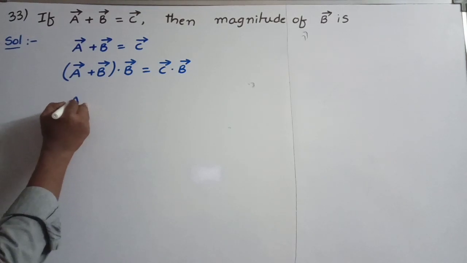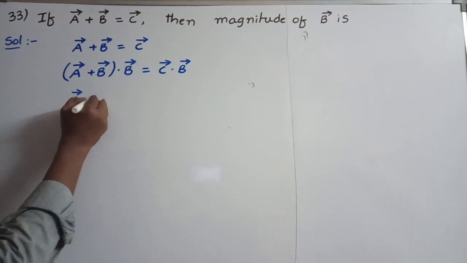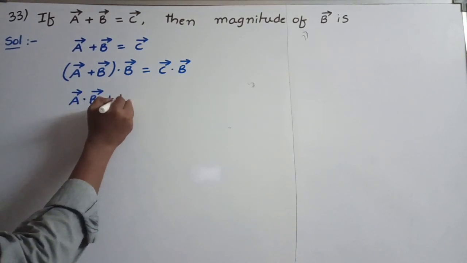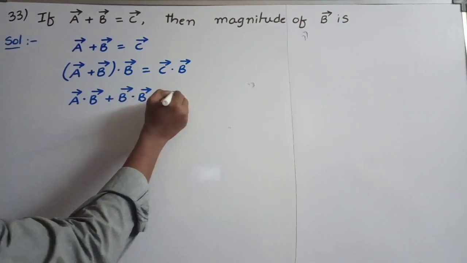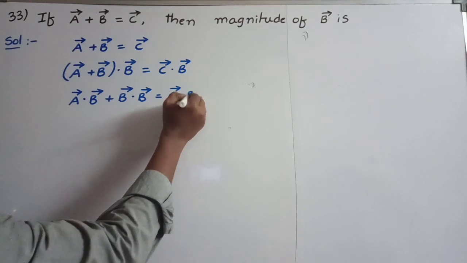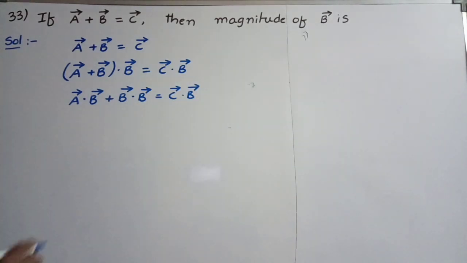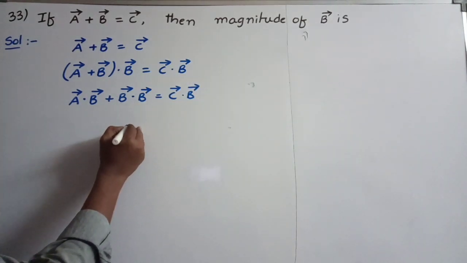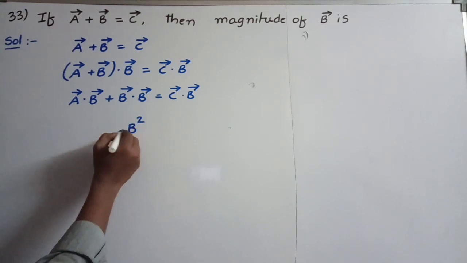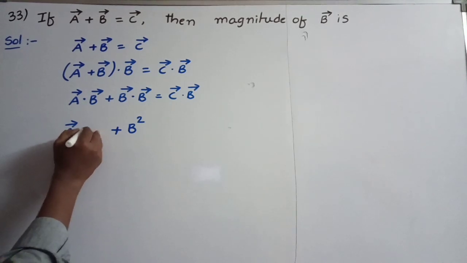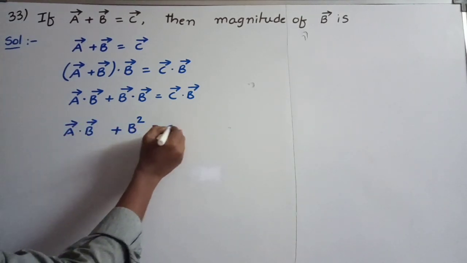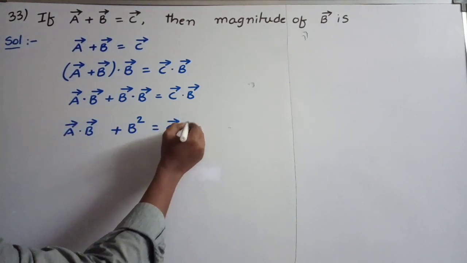Multiplying, we get A bar dot B bar plus B bar dot B bar is equal to C bar dot B bar. B bar dot B bar is B square, so B square plus A bar dot B bar is equal to C bar dot B bar.